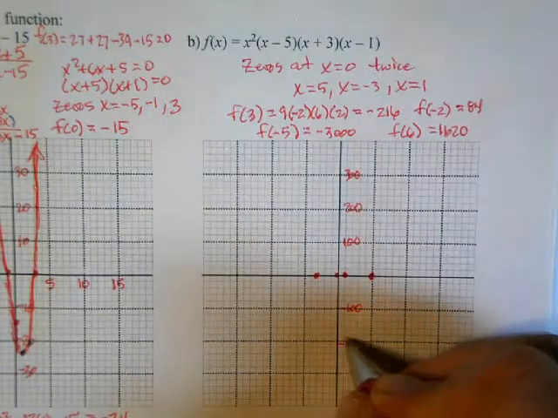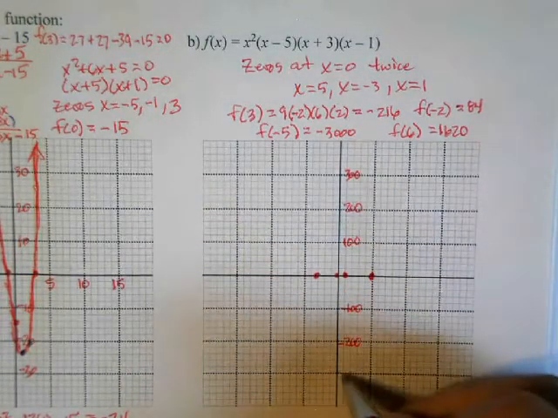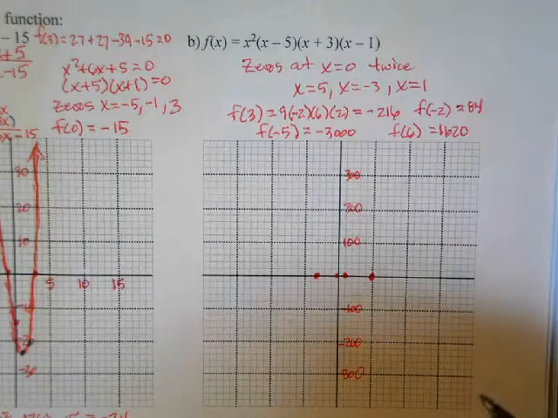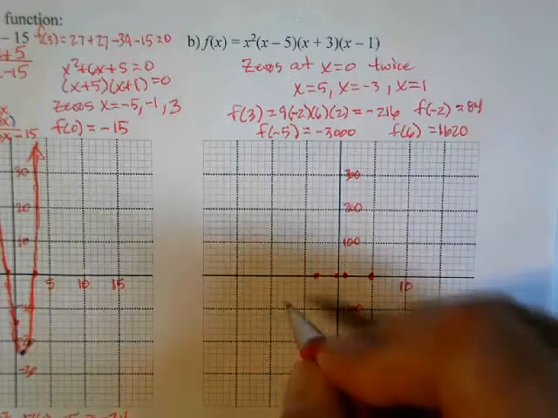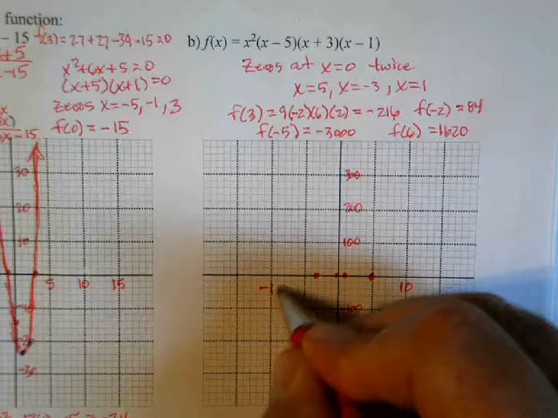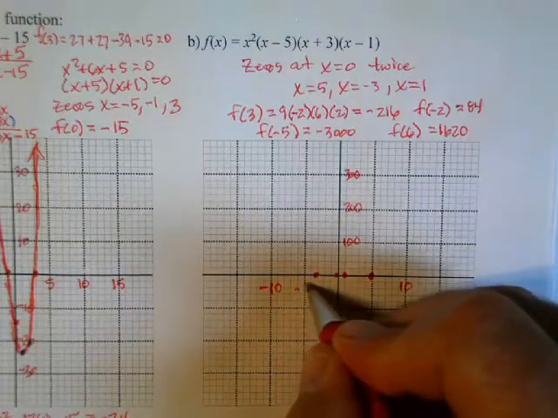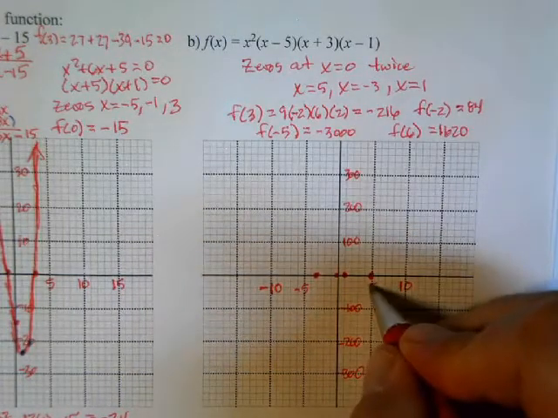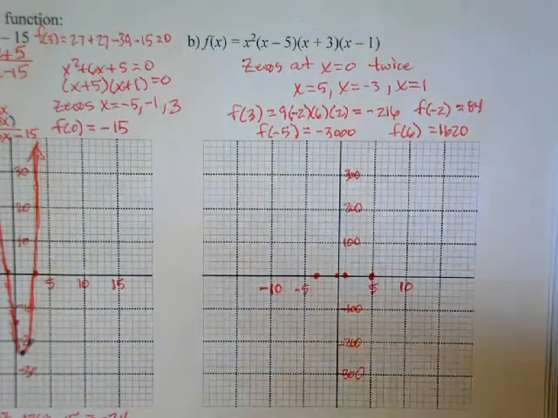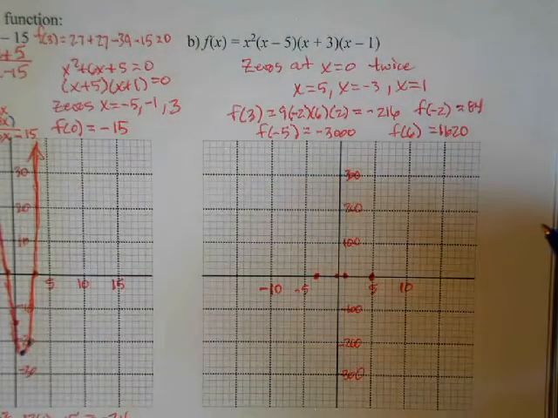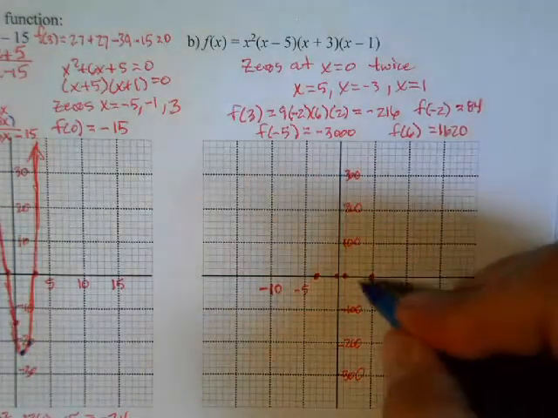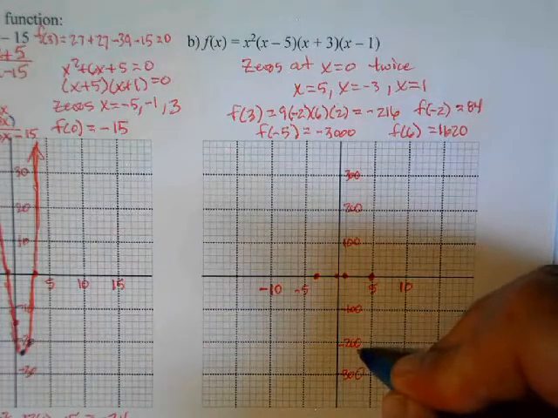I'm still going to go by ones in this direction, so this would be +10, and that would be -10, so -5, and +5 there. So just plotting these extra points, let's see, 3 was -216. So that's 220 there. So not quite to that. So it's about there.